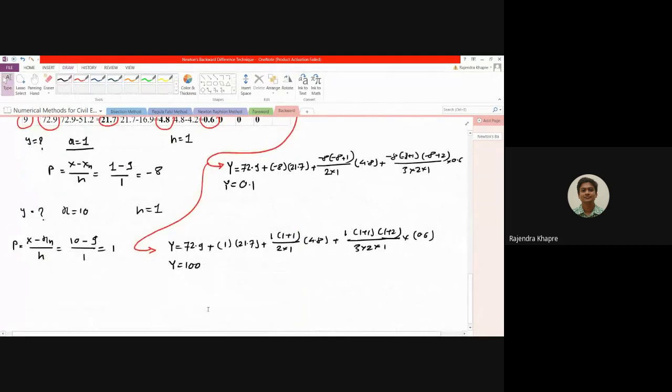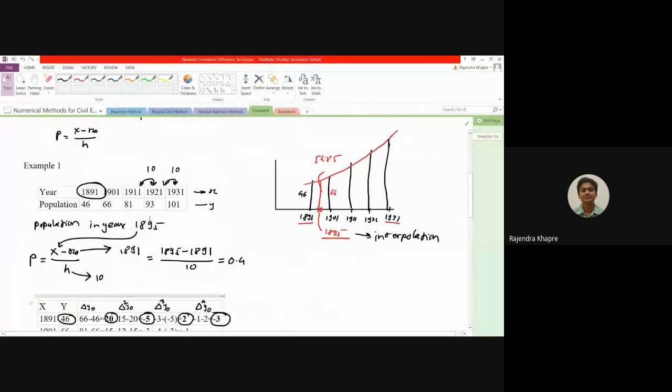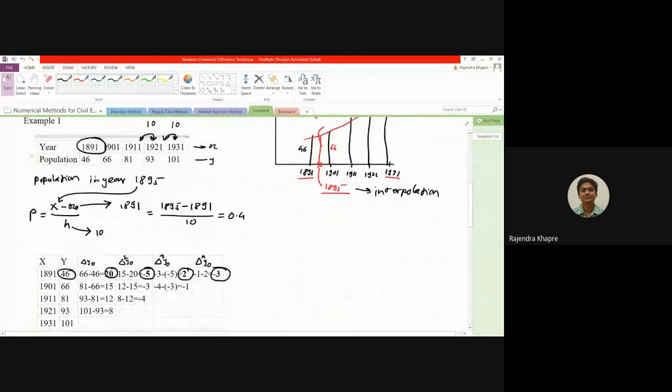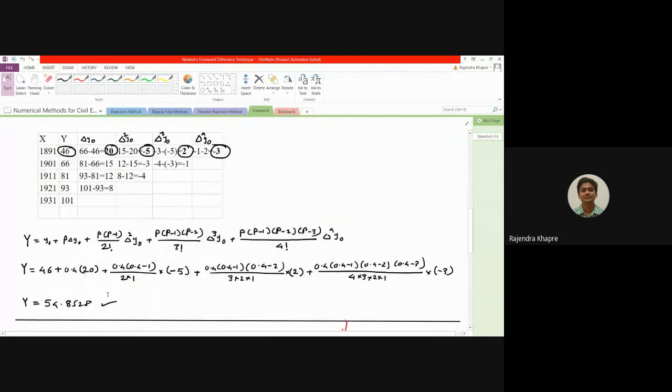Okay, now I'm going to give you one small problem. Remember we have solved this problem earlier in yesterday's class. This was the population of a year. When we solved this problem, we used the x value as 1895, and for 1895 we obtained the population of that particular location as 54.8. This was using the forward difference method.